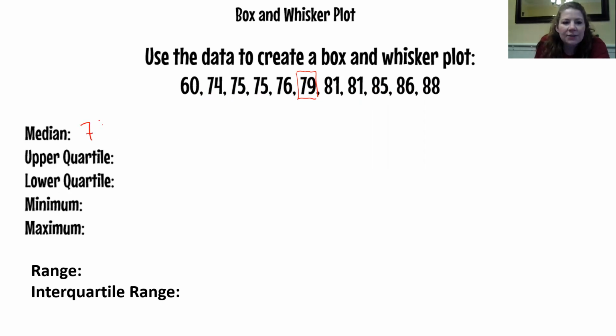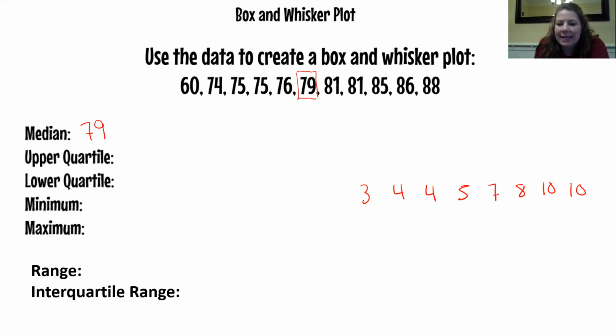Now, obviously, if there's an even set of data, you're going to have two middle numbers. For example, let's say our data looks like this: 1, 2, 3, 4, 5, 6, 7, 8, 9, 10.